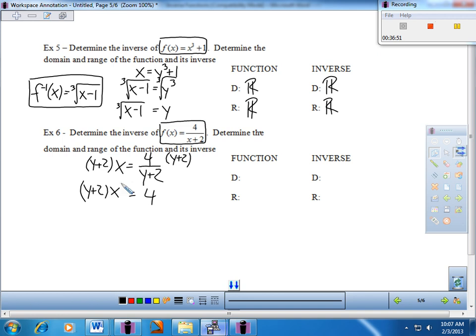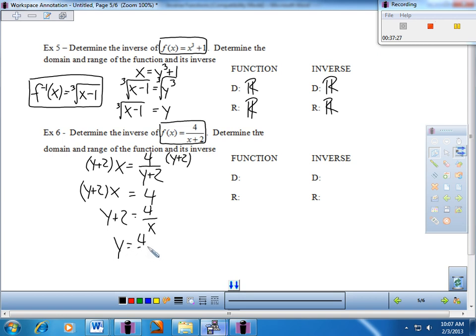Now, let's see if we can get rid of the extra flak and get this y by itself. So I see this y plus 2 times x. Are you okay undoing the multiplication of x by dividing by x? There we go, divide by x. And then once I divide by x, seems like it's pretty clear cut. I have to get the y by itself. What do you say we throw a minus 2 on the back end there?